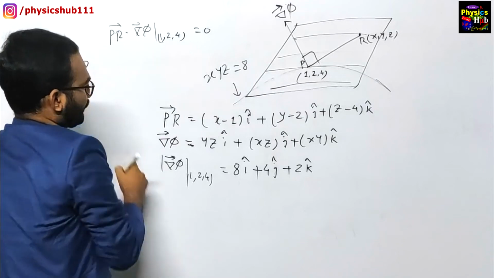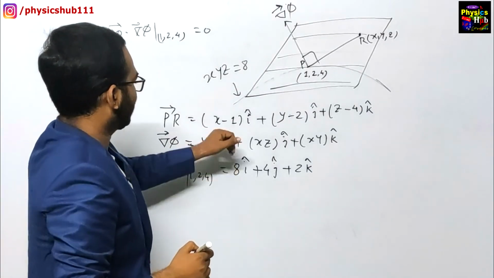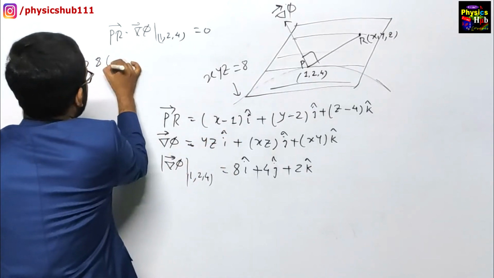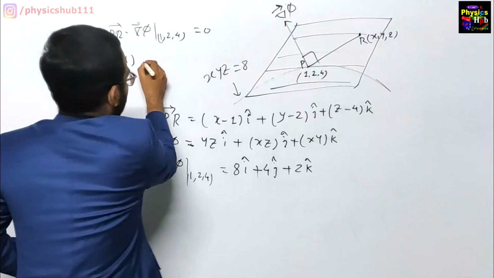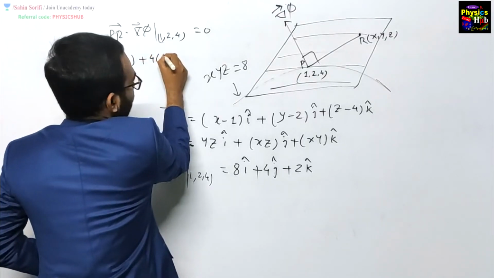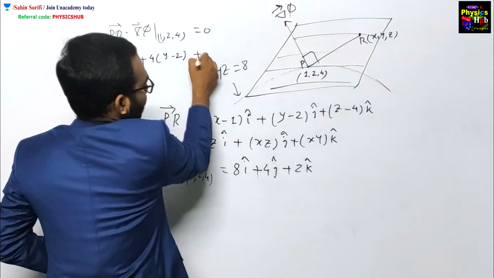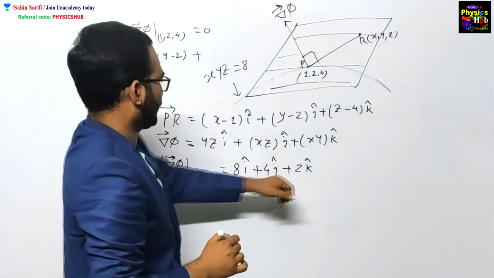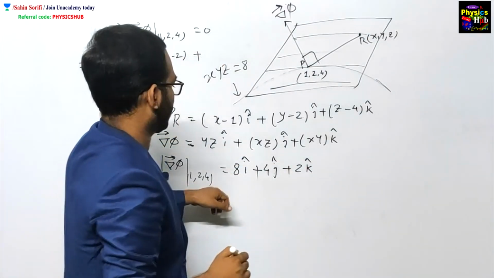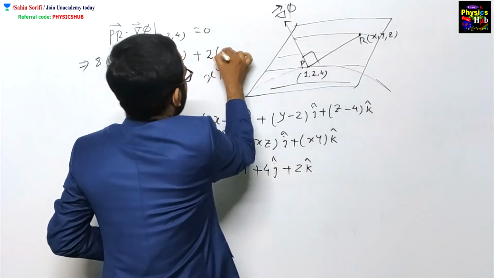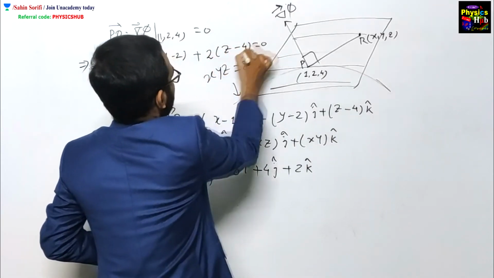And what does it give you? It gives you 8 into (x minus 1) plus 4 into (y minus 2) plus, xy is 2, 2 into (z minus 4), equals 0.